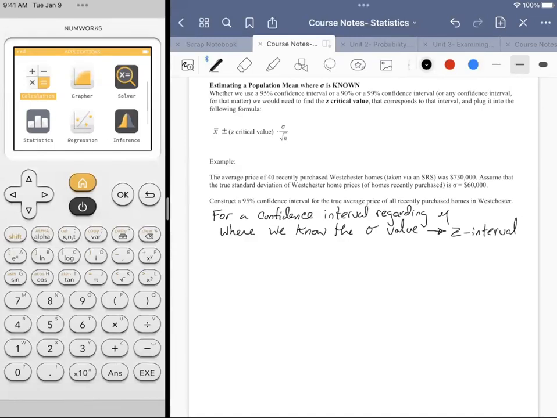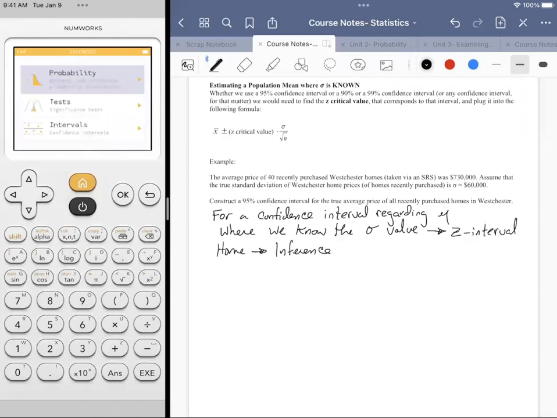All right. So the way you find that is by hitting the home button, go to inference. All right, so we're home, inference, hit OK. You'll see a bunch of options.